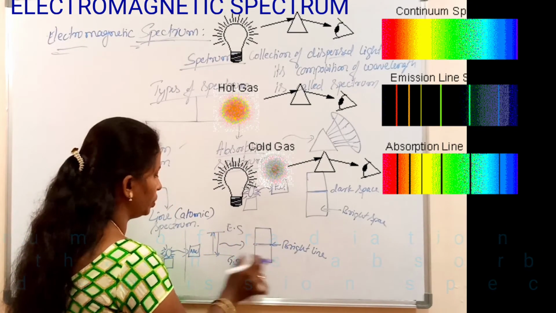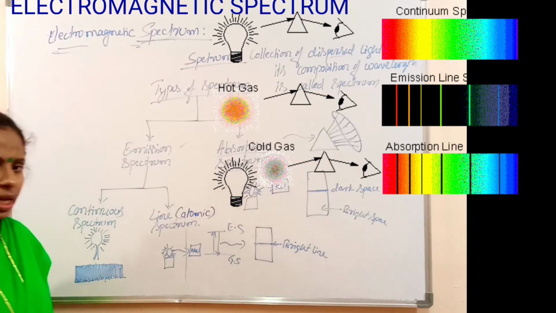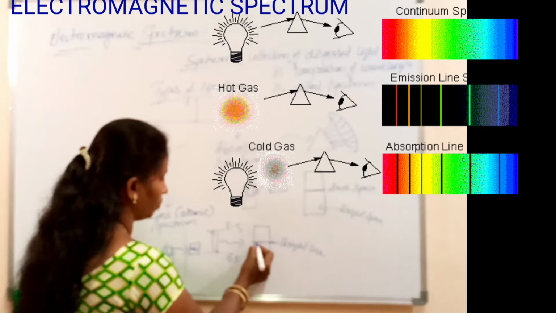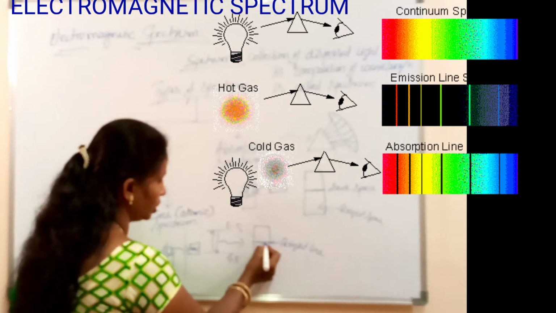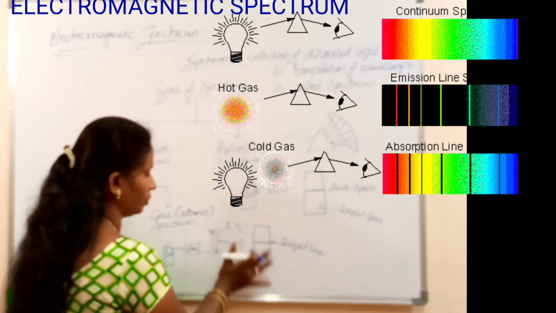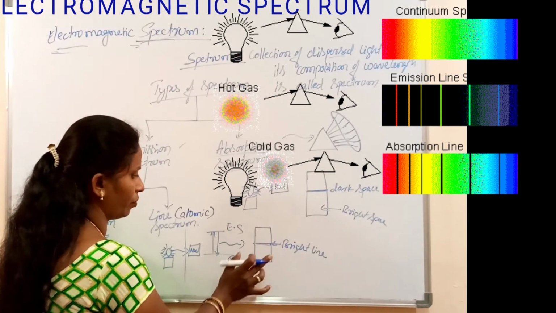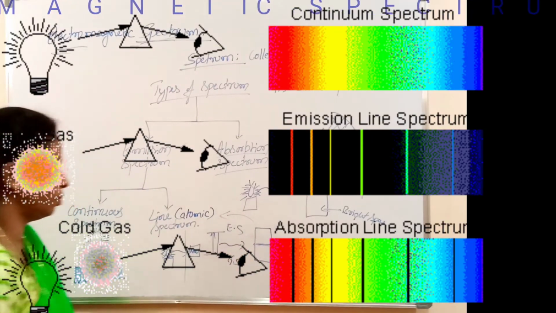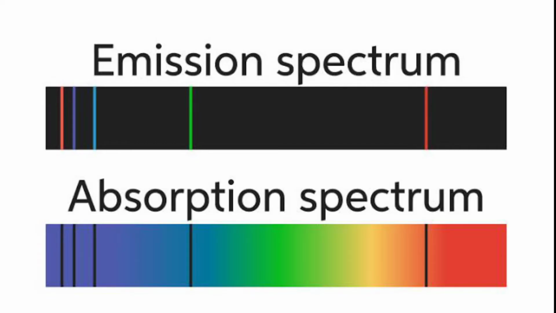So this is called emission line spectrum, or atomic emission line spectrum, atomic spectrum. This is bright in nature. This is absence of light, empty space. So this is called line spectrum or atomic spectrum. Okay, so clear?